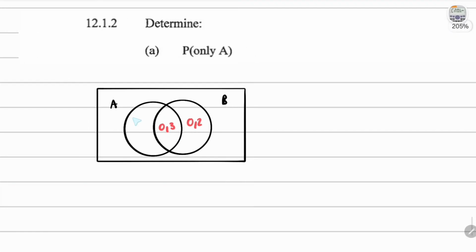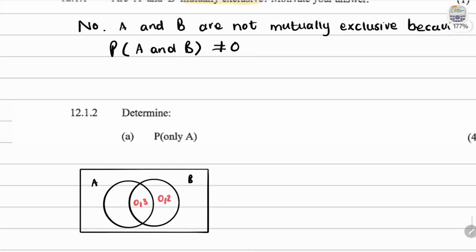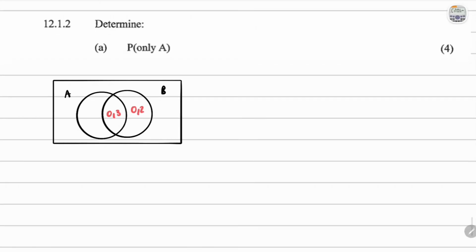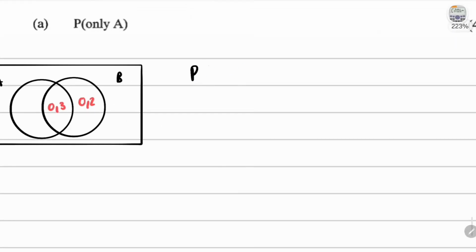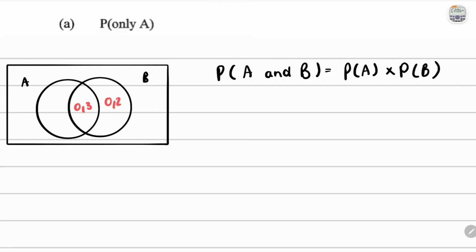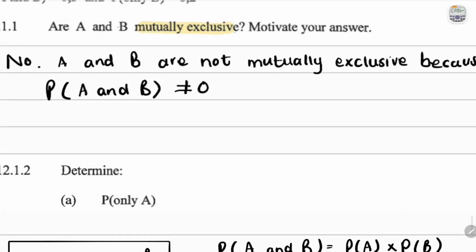So how do we find the probability of only A? Let's use what they told us. They told us that they are independent events. So A and B are independent events, and this is how independent events work. If events are independent, then the probability of A and B is equal to the probability of A multiplied by the probability of B. Now, these are not only A and only B. They are the entire circle of A and the entire circle of B. So we know what A and B is.